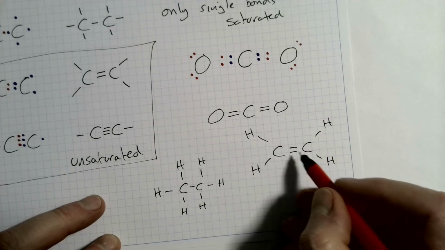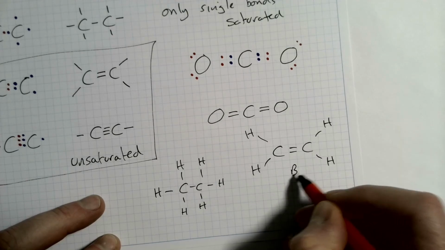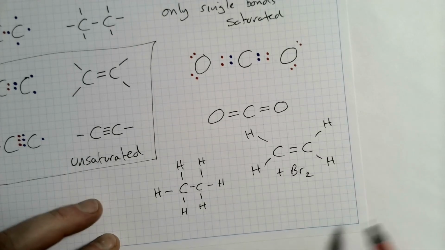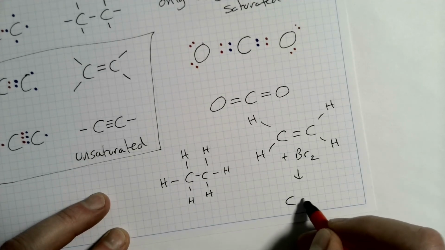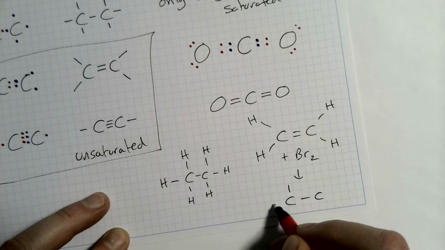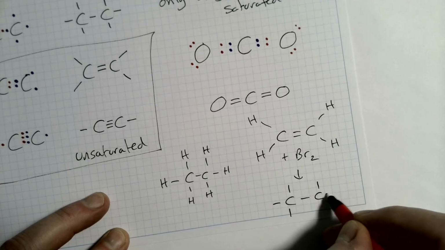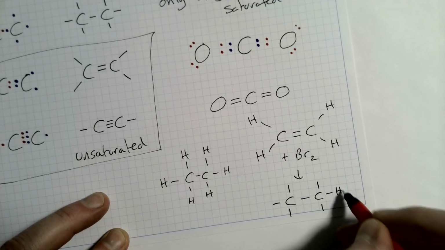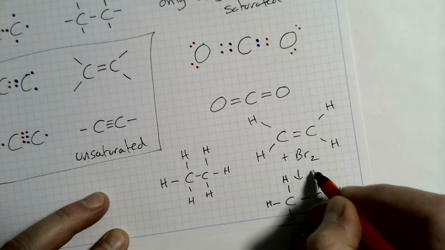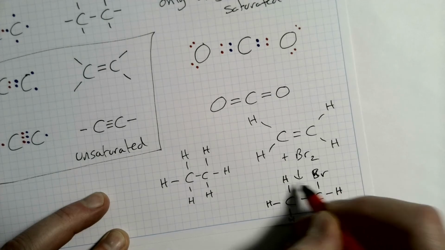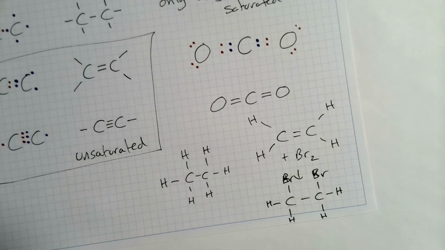So I could theoretically react this with bromine and I would get a product that looks like this. Got to put our bromine somewhere. So what we've done is we've managed to put 2 extra atoms into the structure.